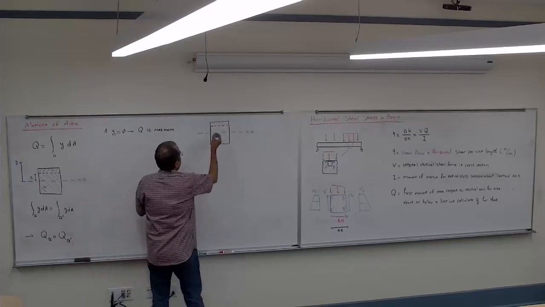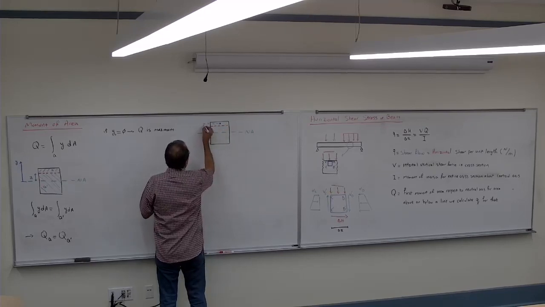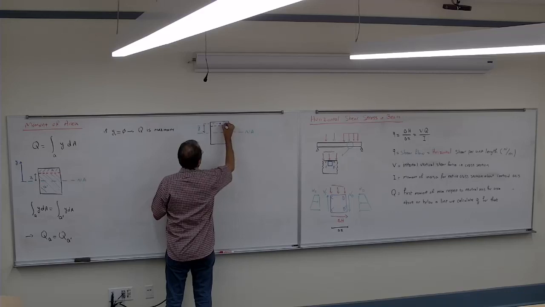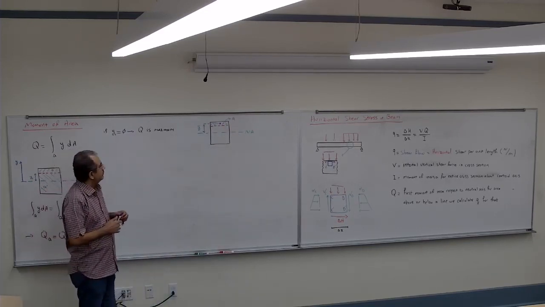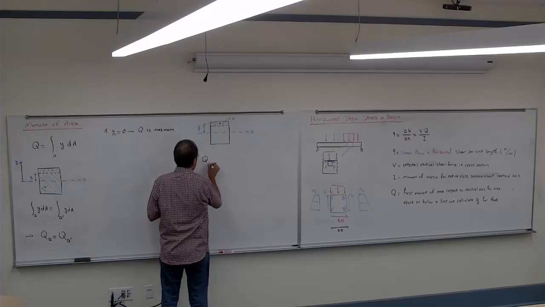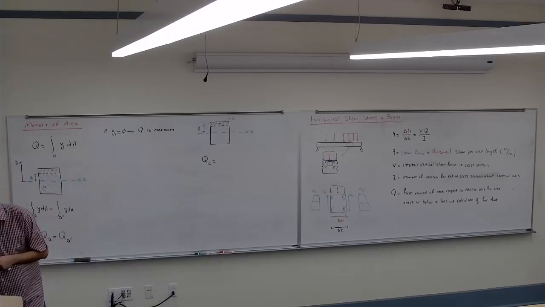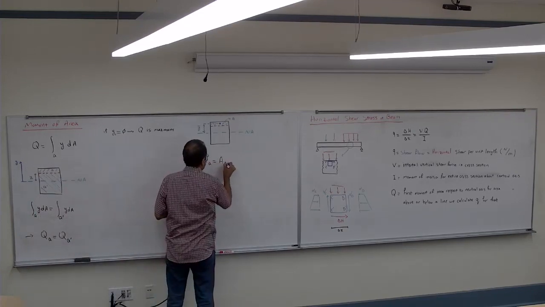If the distance up to here is y bar, and this area is A, then Q for A is the area of A times y bar.